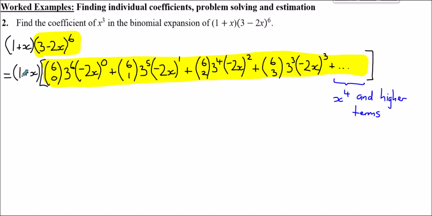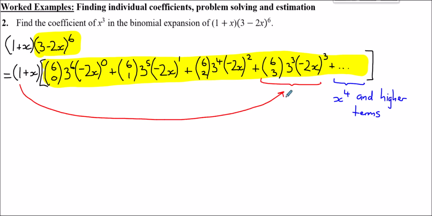So what could we multiply 1 by to give us an x cubed term? Well, 1 multiplied by this will give us a term in x cubed. And so this multiplied by the 1 will give us a term in x cubed. In the same way, what could we multiply x by to give us a term in x cubed?